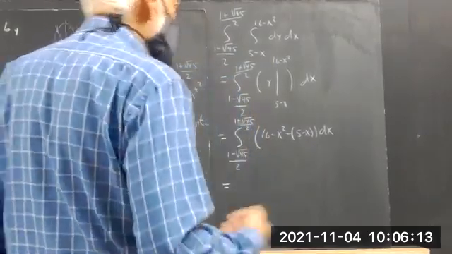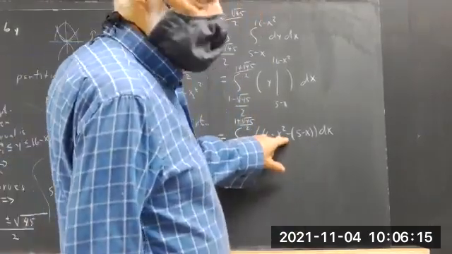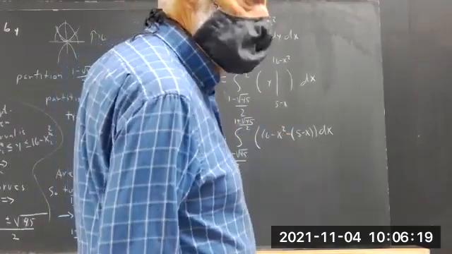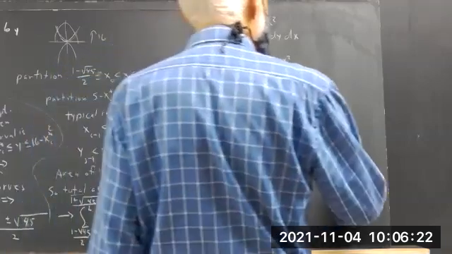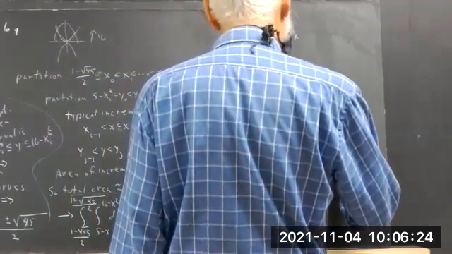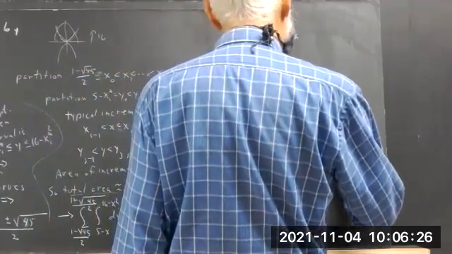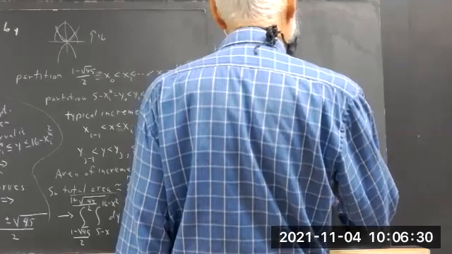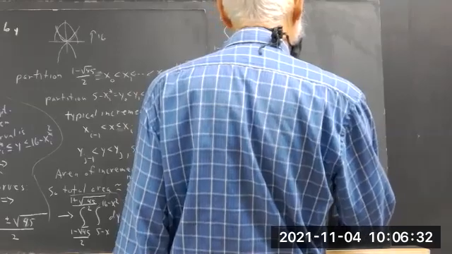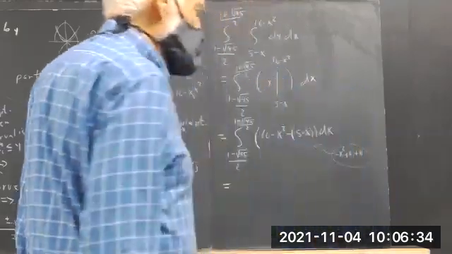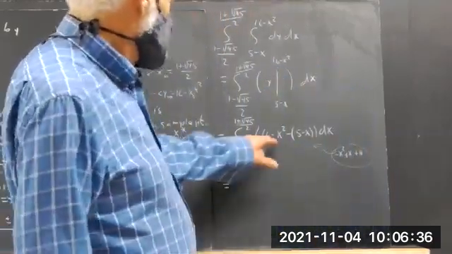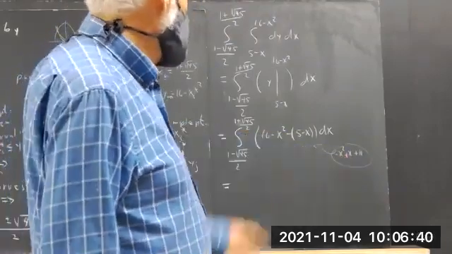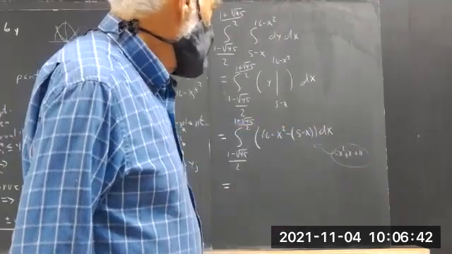I'll just note over here we got negative x squared plus x plus 11. Let's make sure: you get a negative x squared, a minus minus x gives you plus x, and 16 minus 5 gives you 11.